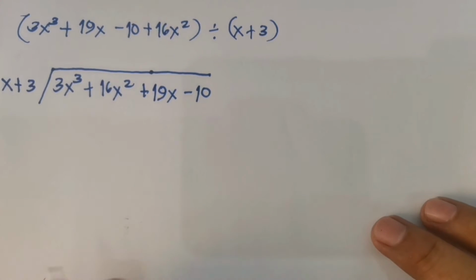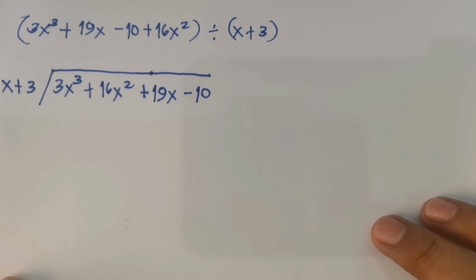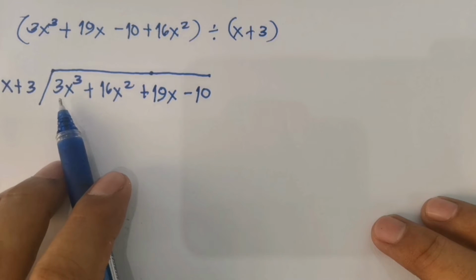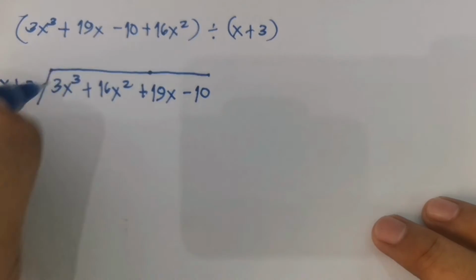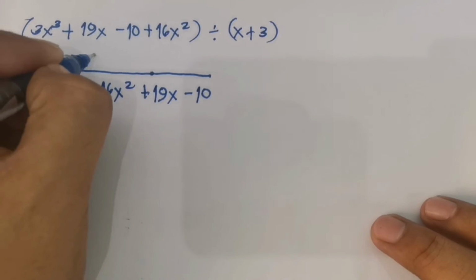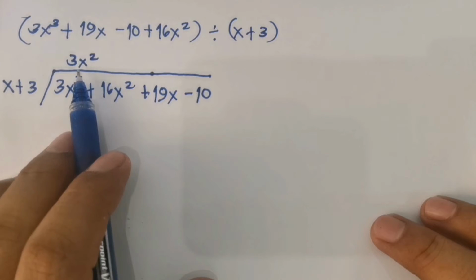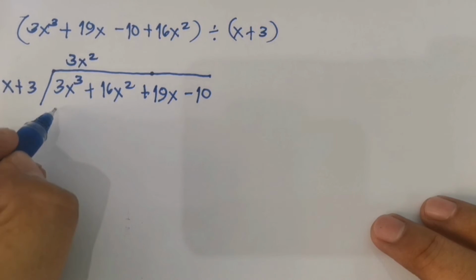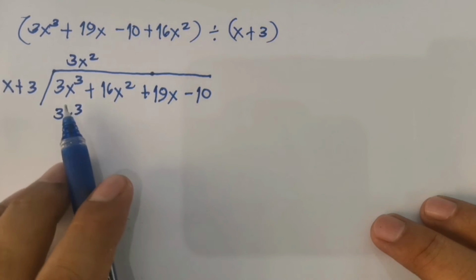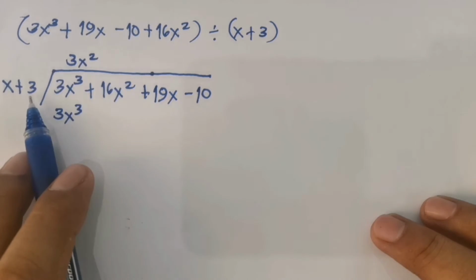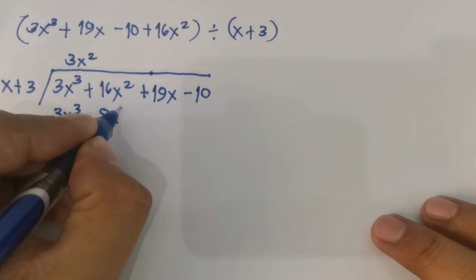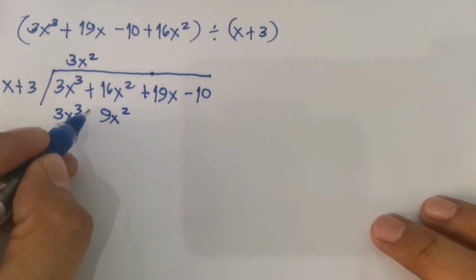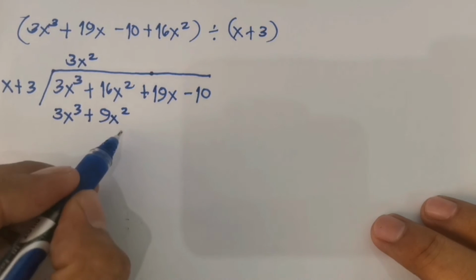Okay, so let's start the division. First term, 3x cubed divided by x, that is 3x squared. 3x squared multiplied by x is 3x cubed. 3x squared multiplied by 3 is 9x squared, or positive 9x squared.